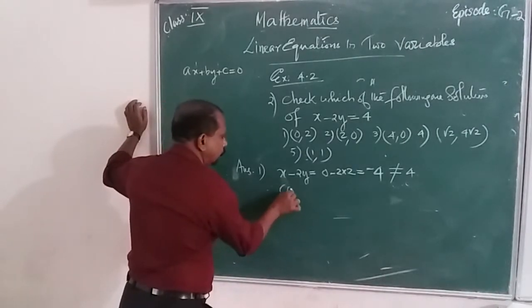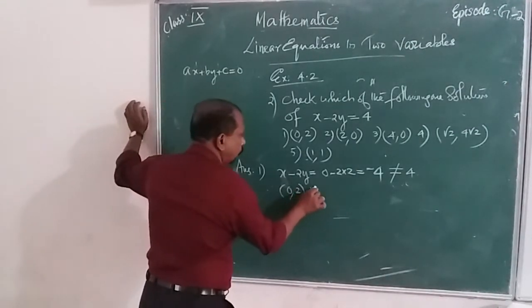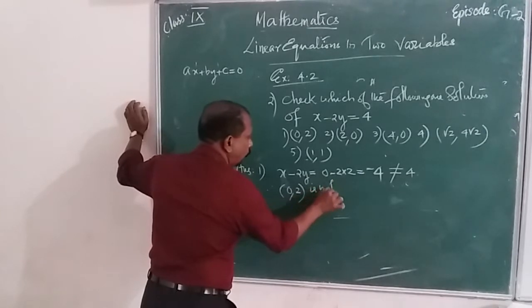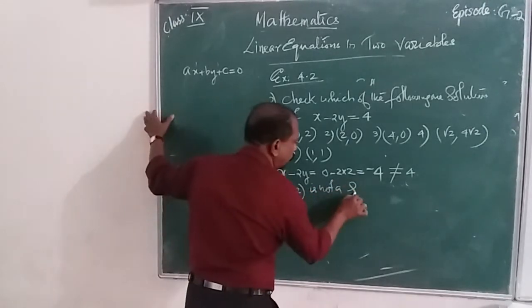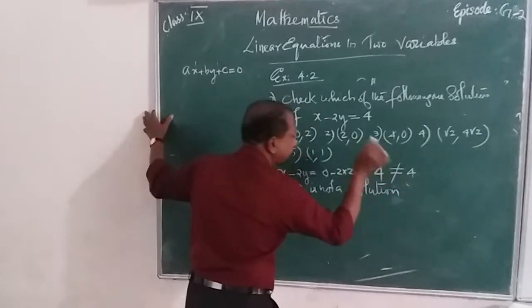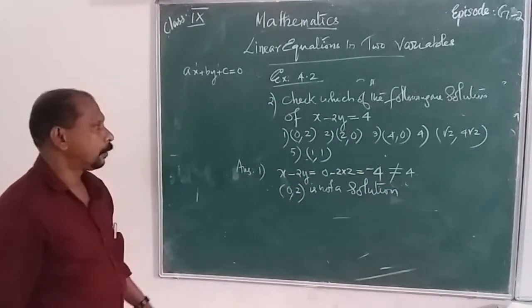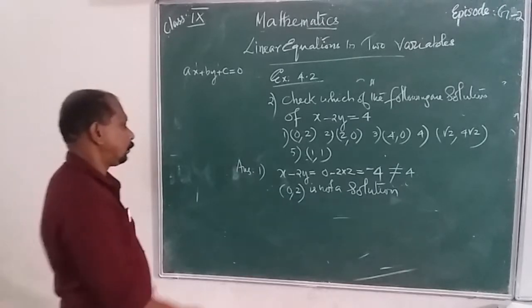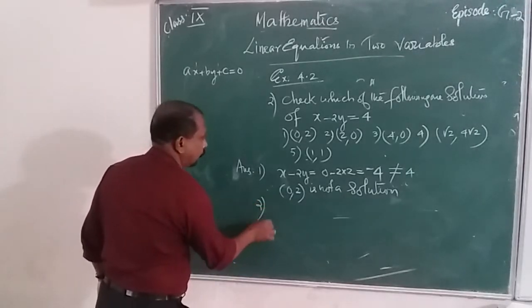Therefore, (0, 2) is not a solution. Then the second one, what's the point?